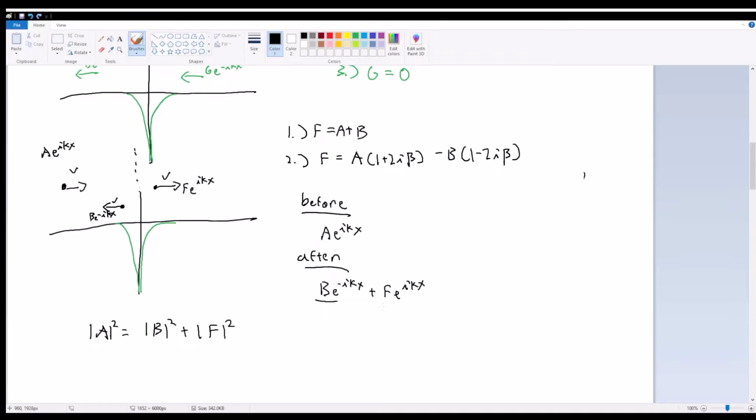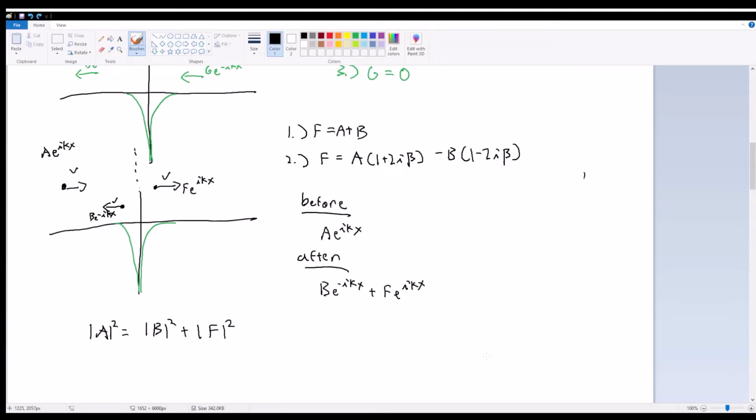They're modulated by B and F, so the magnitude squared of these terms is what actually determines the corresponding probabilities. That's why we can look at this as 3 separate wave functions instead of 2: the wave function of the particle as it comes in from infinity, the wave function of the particle as it gets reflected, and the wave function of the particle as it makes its way through.